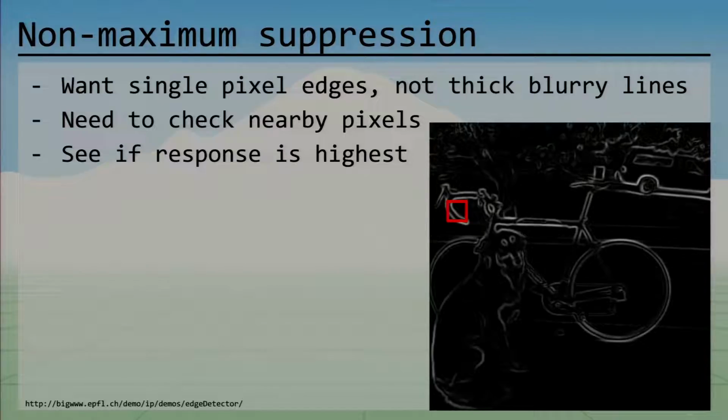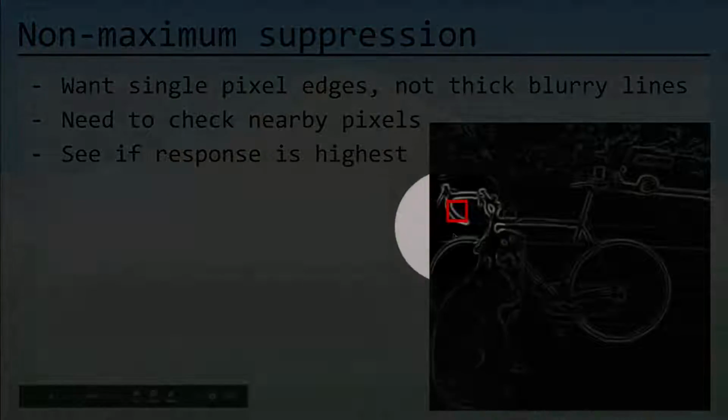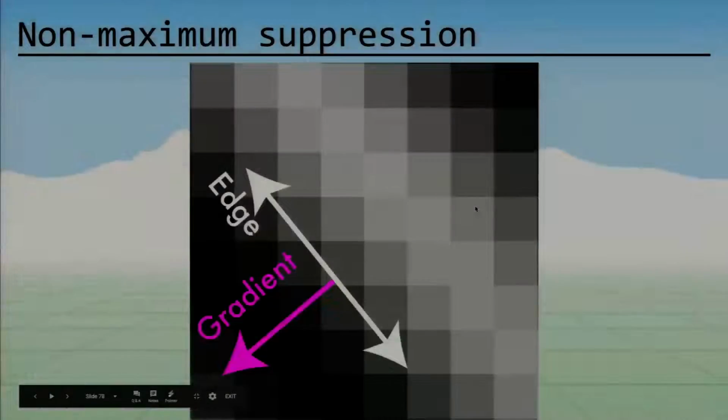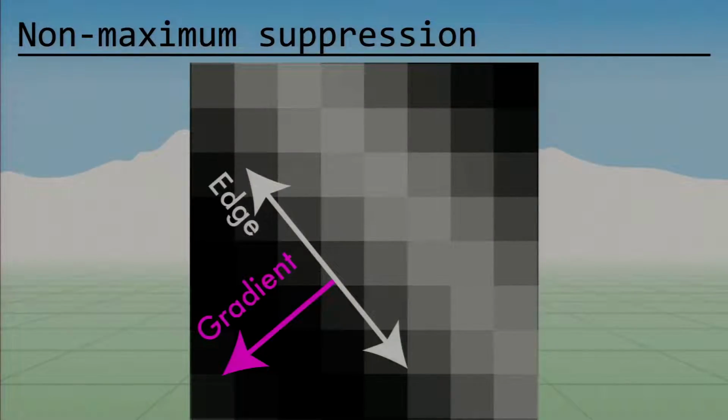In particular, for some area of response in this gradient magnitude image, we want to get a single pixel line that runs through it, which is the center of the edge. If we look at just one small component of this, this little handlebar area of the bike right here, most of the pixels in this image are going to have a pretty similar gradient direction.